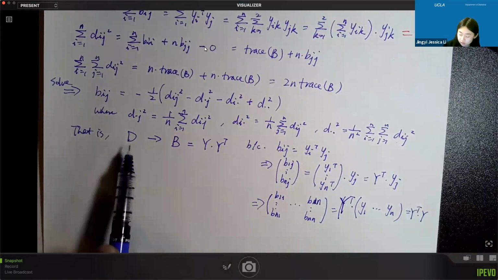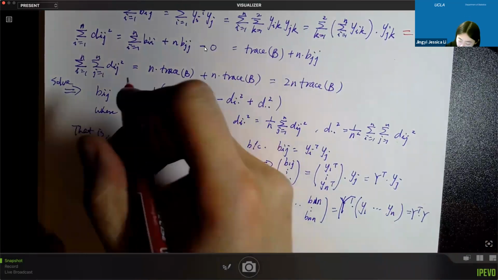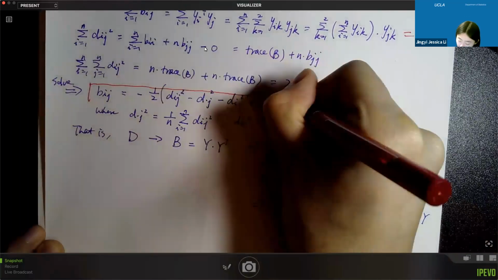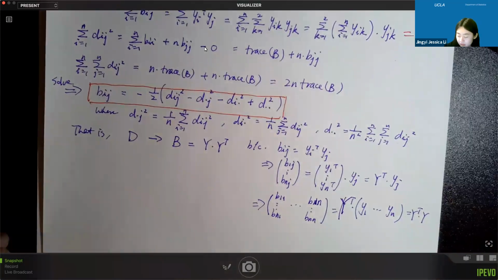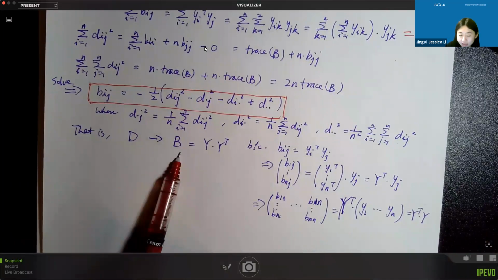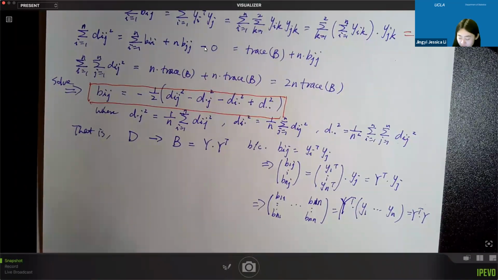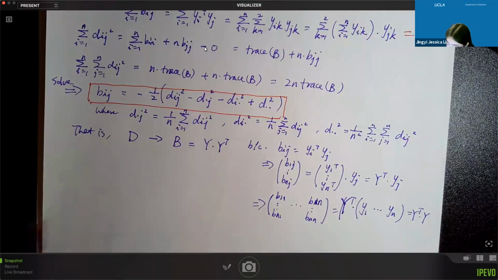So now you see, with this key result, I can go from D, or more specifically, the squared entries of D, to B. And once I have B, what's left is to find Y and Y transpose. Let me see if I'm correct. Oh, sorry, my bad.